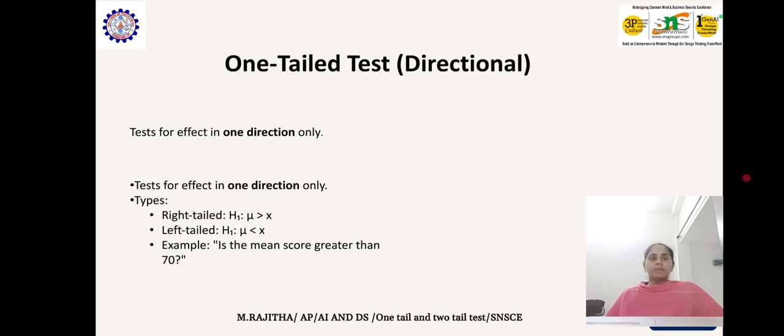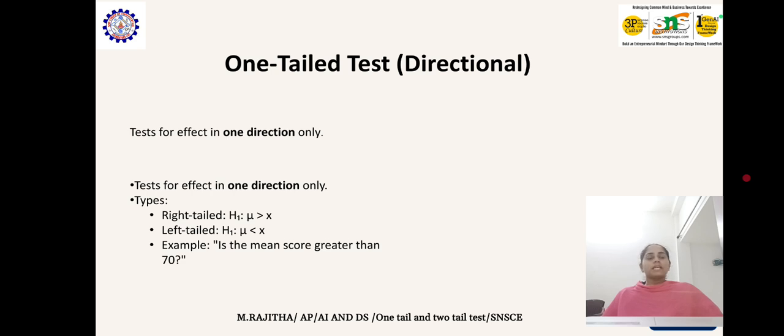If we suspect that the machine is underfilling bottles and want to check if the mean fill is less than 500 ml, we use a left tail test with H1: mu less than 500. The entire significance level is allocated to one side of the distribution.